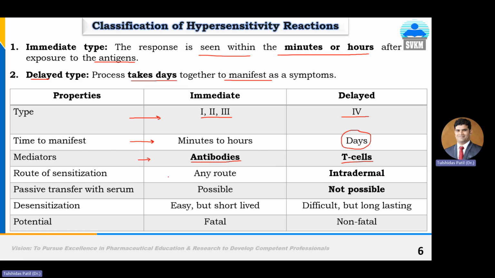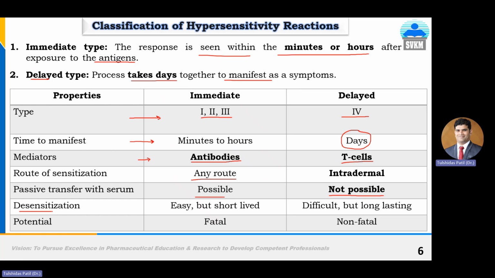For the route of sensitization, the immediate kind of hypersensitivity reactions are sensitized by any route, whereas delayed type hypersensitivity reaction is mostly caused by the intradermal route. Regarding passive transfer with serum, the immediate type of hypersensitivity reaction can be transferred passively with the serum, whereas delayed type hypersensitivity reactions cannot be transferred by this way.